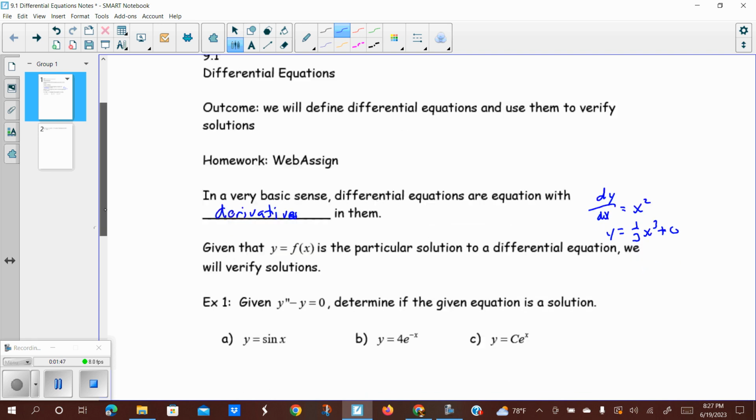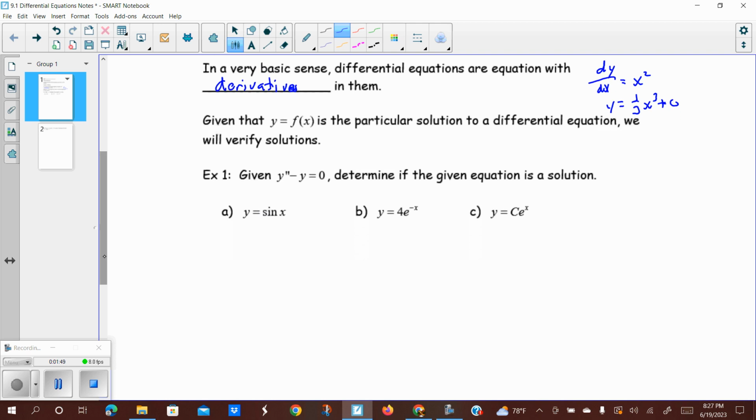What we are going to do is get the idea of what these things look like. So if we're going to call y equals f of x the particular solution to a differential equation, we're simply going to verify that some of these solutions actually work. So our differential equation is y double prime minus y equals 0. As you can see, y double prime is a second derivative, therefore it has a derivative in the equation.